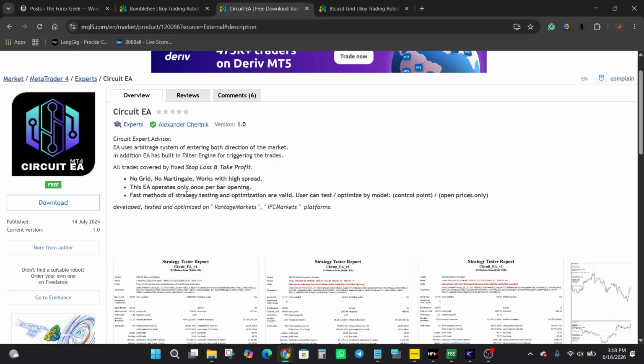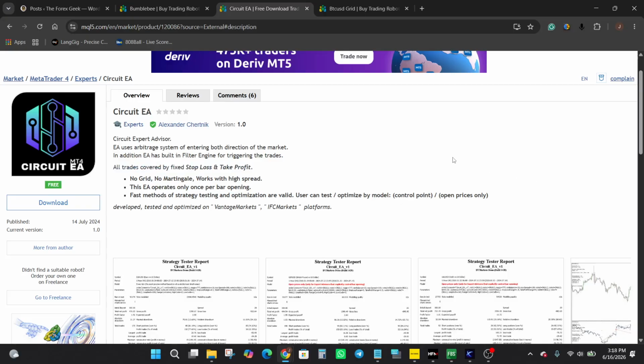The fixed stop loss and take profit structure adds a controlled risk model to each trade, meaning outcomes are predefined from the moment a position is opened. This is important because it removes dynamic trade management and keeps execution consistent.